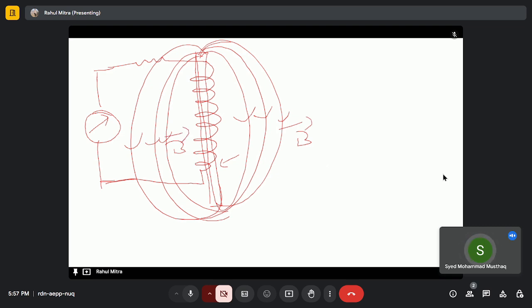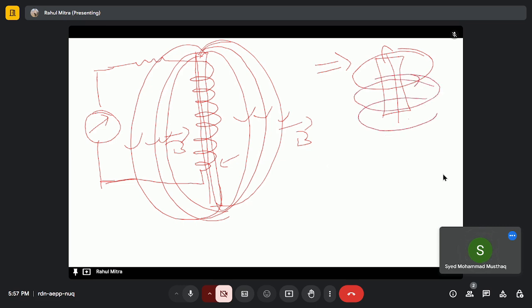It is based on the Faraday law of induction. If we have a current passing through a conductor, it creates a magnetic field around it. So based on that, from the solenoid we can create the magnetic field.